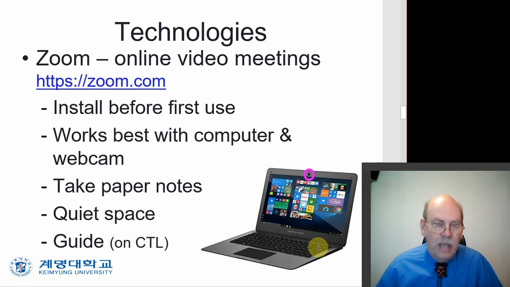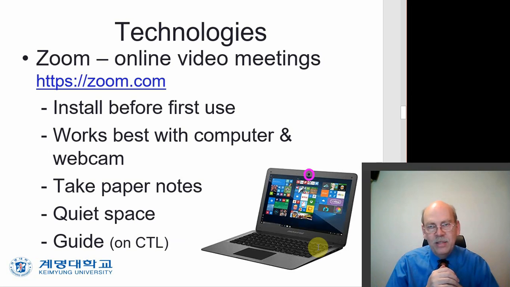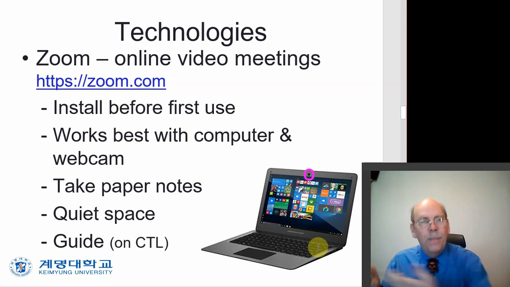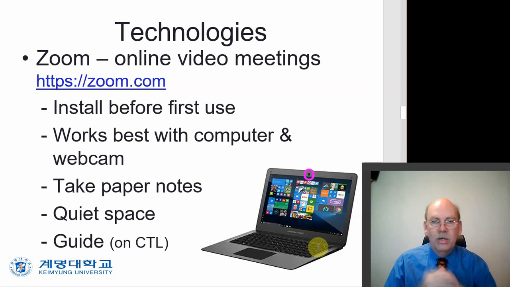Do the best you can. Quiet is especially important in a Zoom because anything you hear in your room, probably other people also hear. So 7 people means 7 times noise.